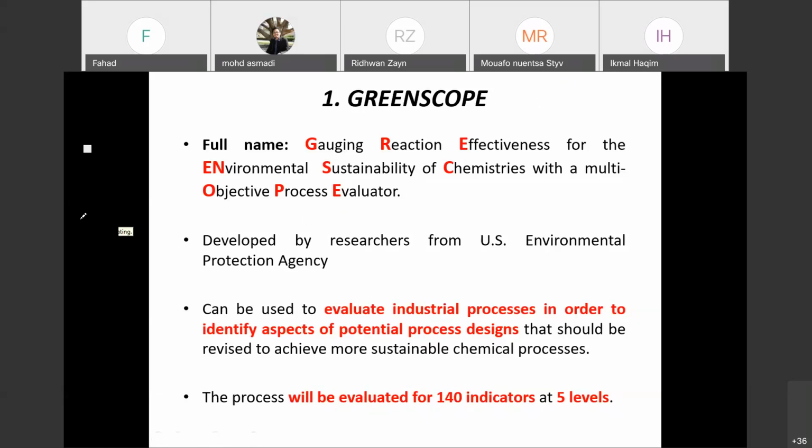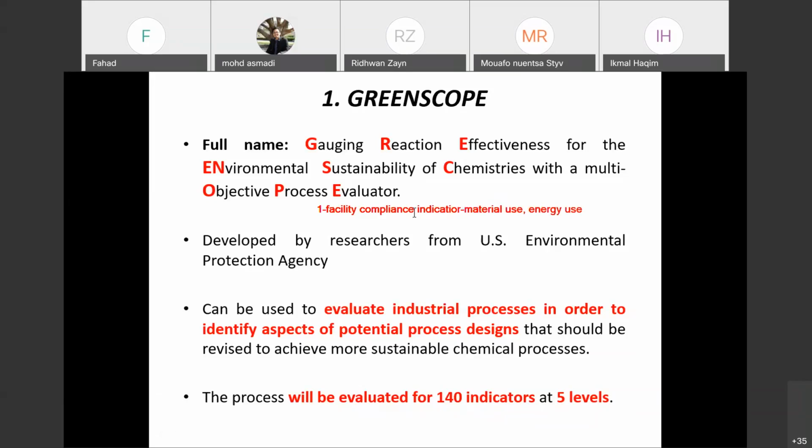Number one, the lowest level, actually, look here: level one is the facility compliance indicator, such as material use and energy use.